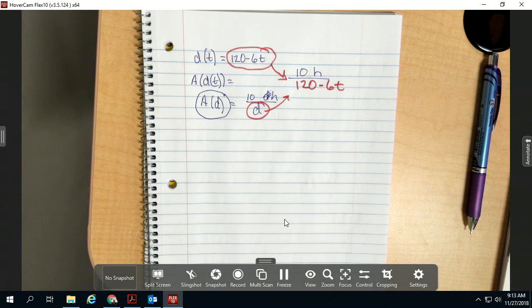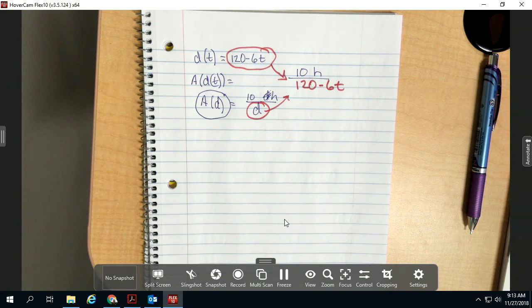So here's our input. We are putting in time. Our output from that function is 120 minus 6 times the time. We take that, and that's the input for our second function.